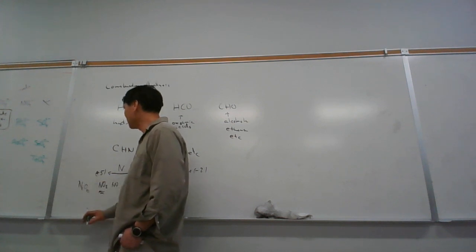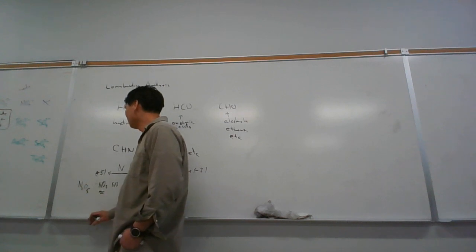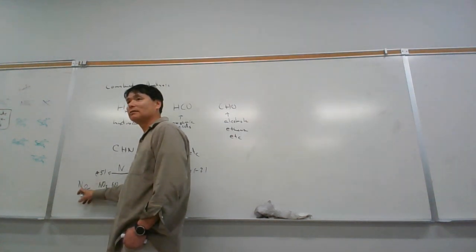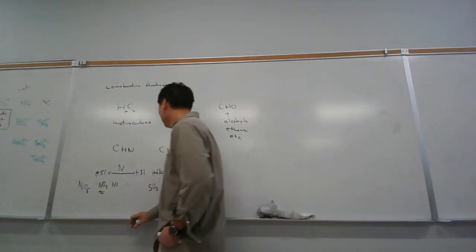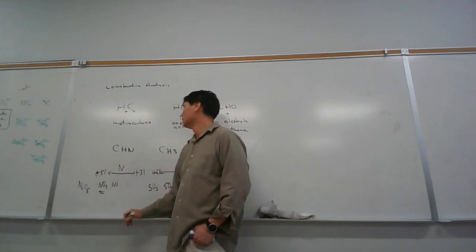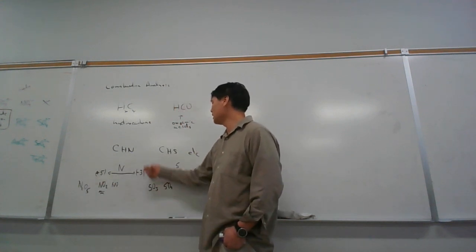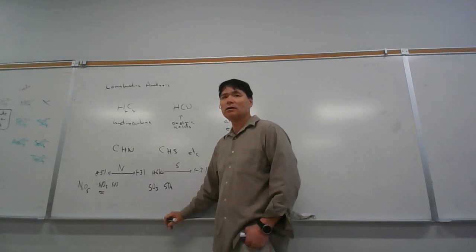No, that's plus 10. N2O5. This would be maxed out, right? N2O5. But all these are quite poisonous. So when we burn things that contain nitrogen or sulfur, you should do it in the hood, not in the open lab.